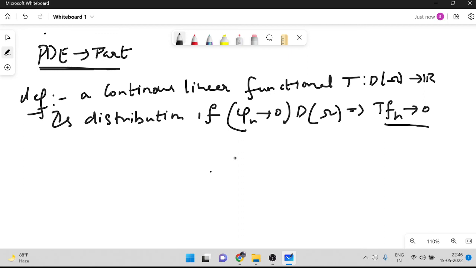So from this you can see that the space of distributions is basically the dual space D(Ω)*.